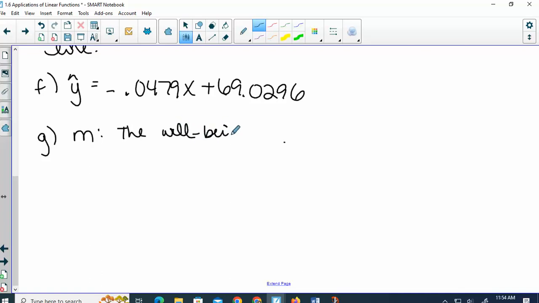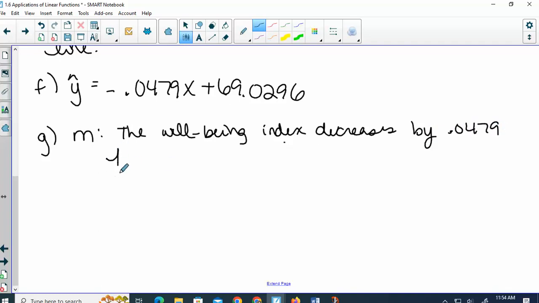So the well-being index decreases by 0.0479 for every minute of commute time.